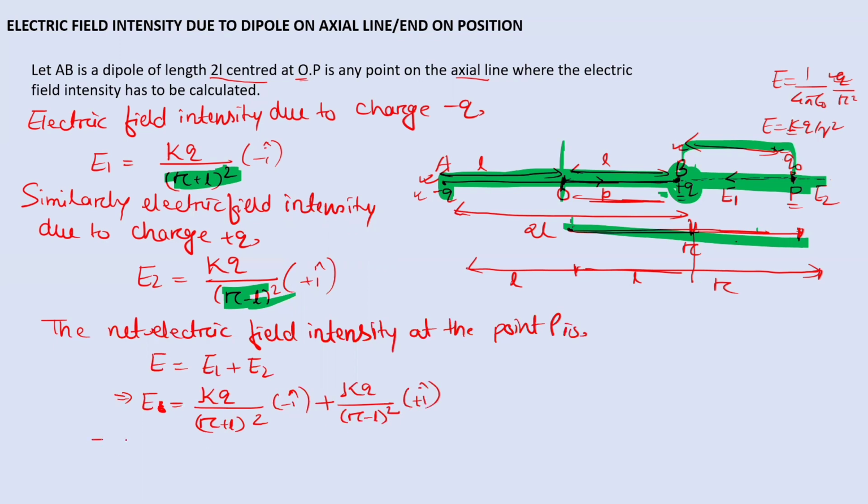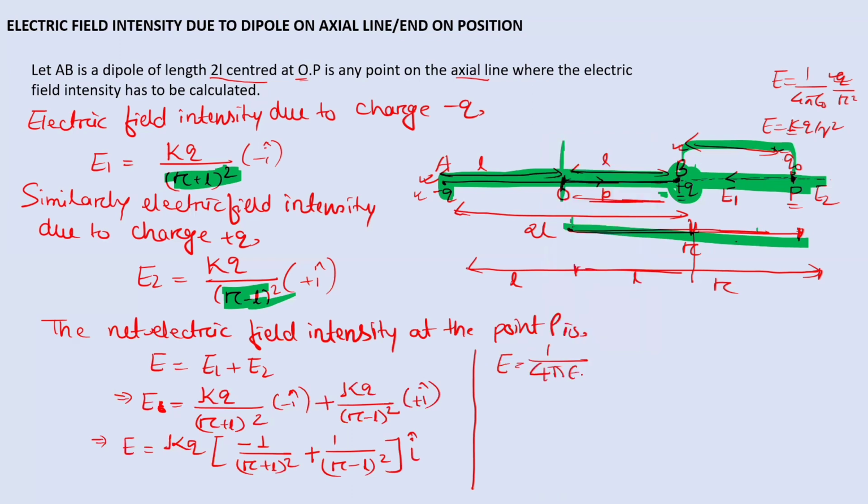Done. So now what we will do is we will take common KQ. Within the bracket, what we will have? Minus 1 by R plus L whole square plus 1 by R minus L whole square, and outside of the bracket you will have the i cap. Okay, now let's do the calculation part. So here if you see, E is equal to KQ, means K is your 1 by 4 pi epsilon naught.